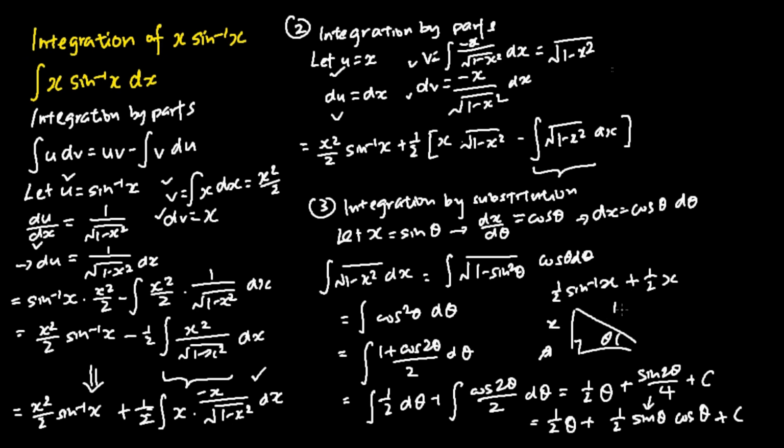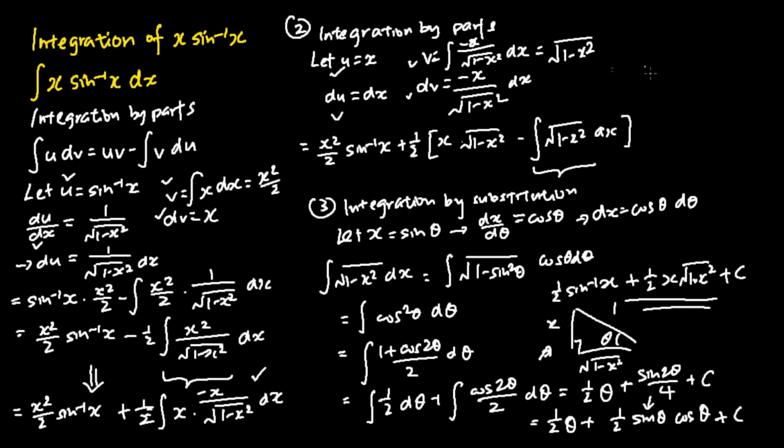Then my hypotenuse length is 1, in which my adjacent length is just the square root of 1 minus x squared, in which my cosine theta is adjacent over hypotenuse. My adjacent is square root of 1 minus x squared. Hypotenuse length is 1. So basically the integration of square root 1 minus x squared is half sine inverse x plus half x square root 1 minus x squared plus c.